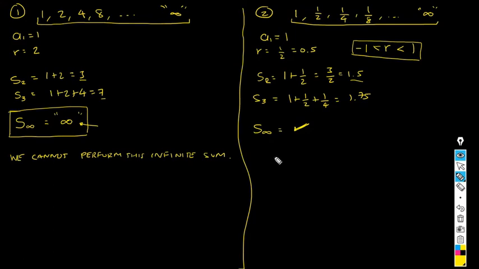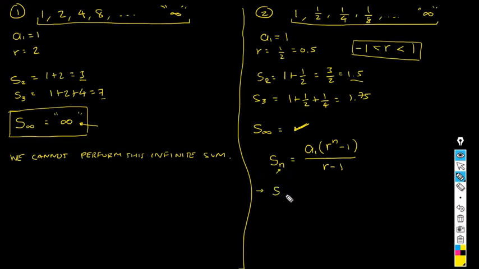Let's first write the sum of the first n terms of a geometric sequence, the formula. I already wrote it down, but I'm going to do it again. This is the sum of the first n terms of a geometric sequence. Since I'm adding not just 2 or 3 or 4, but an infinite number of terms, I need to replace this n with infinity.